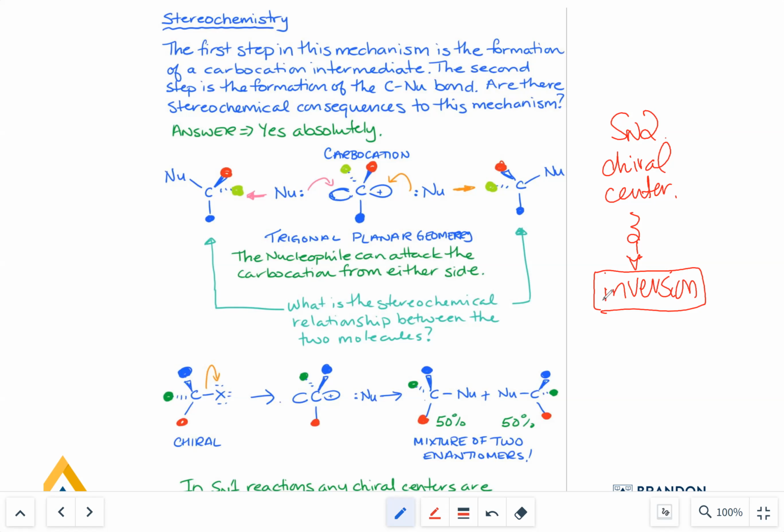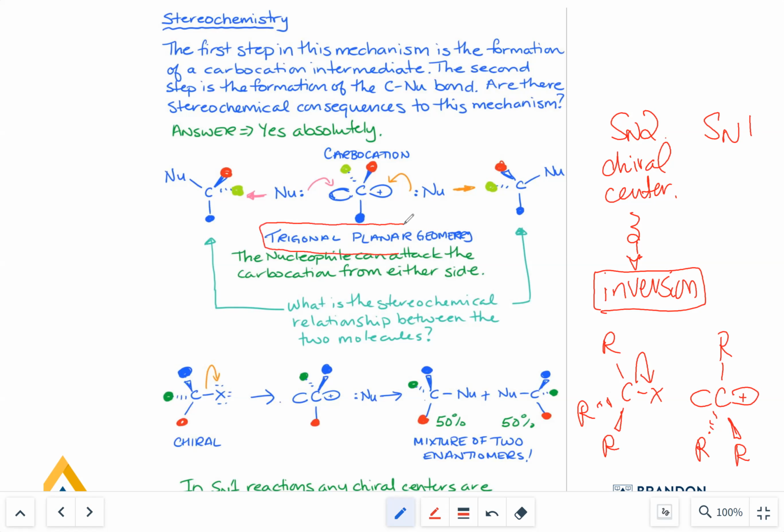In the case of an SN1 reaction, though, it's completely different. So if the rate determining step is the departure of your leaving group, what you form is a carbocation. And of course, carbocations are trigonal planar. So they're flat.